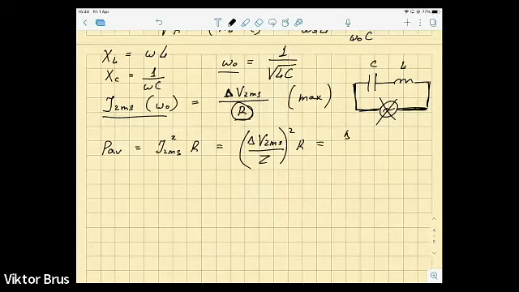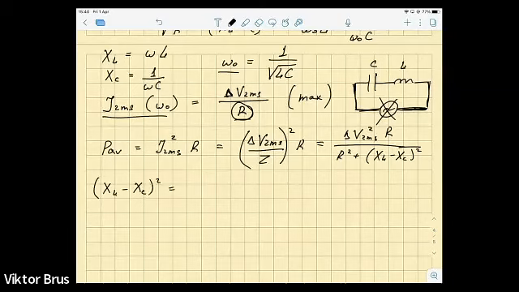So that will be delta V RMS squared times R divided by R squared plus (XL minus XC) squared. And it is possible to show that this difference, XL minus XC, in second power can be expressed by substituting the values for XL and XC.